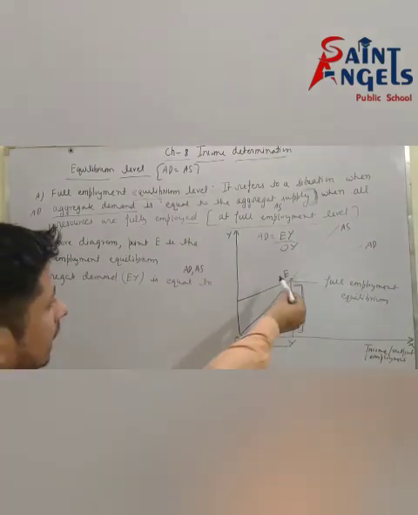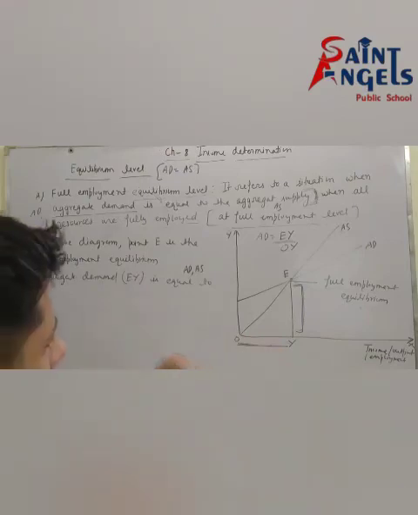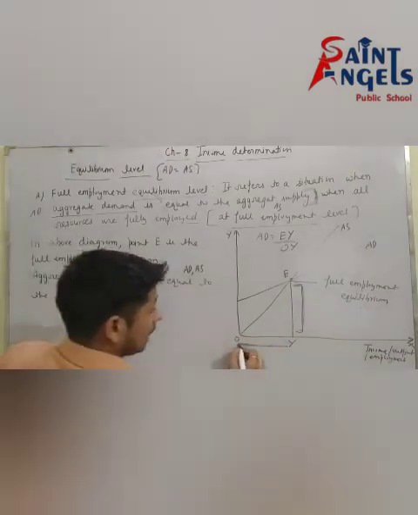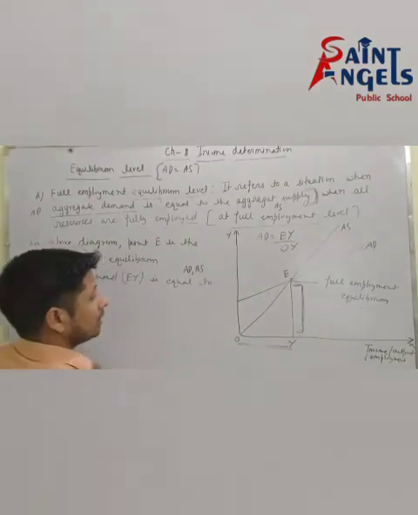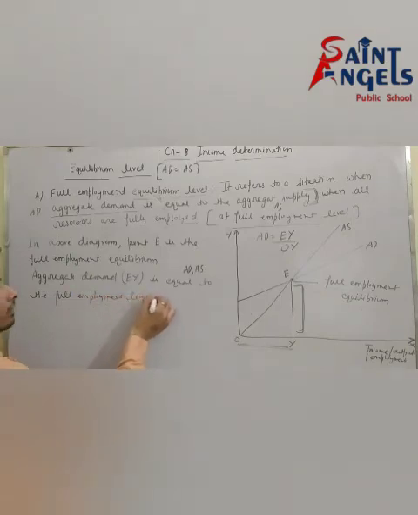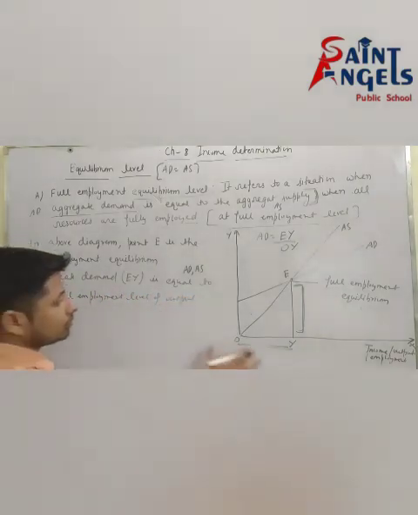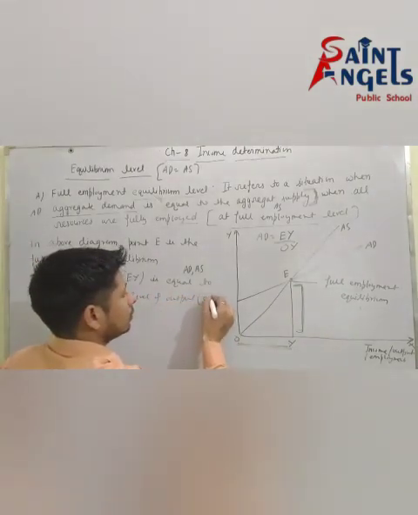Aggregate demand is EY and is equal to the full employment level of output. Full employment level of output means OY.